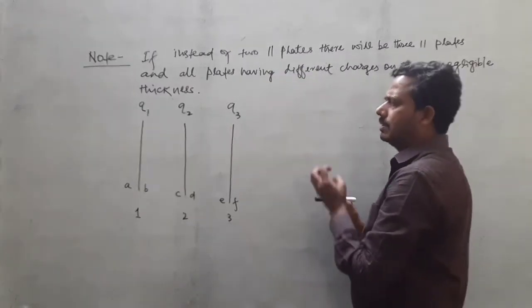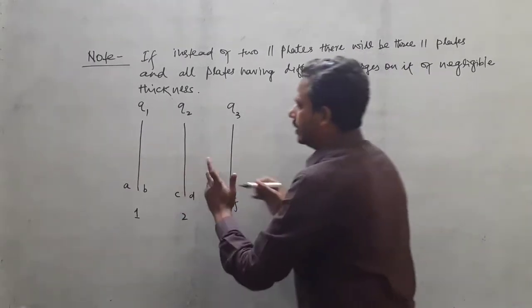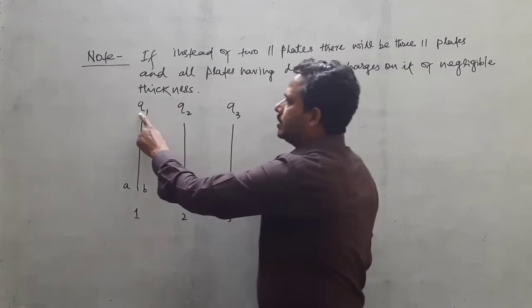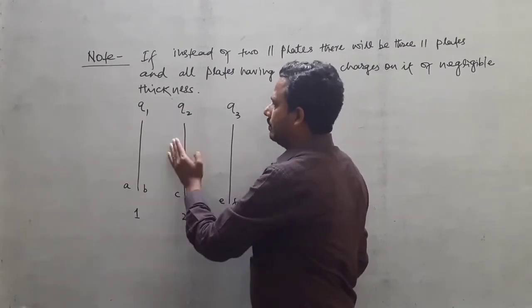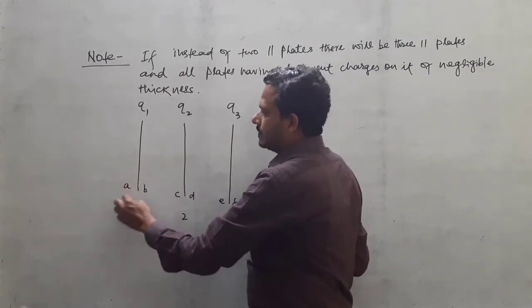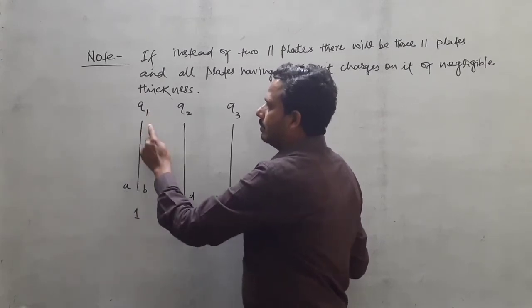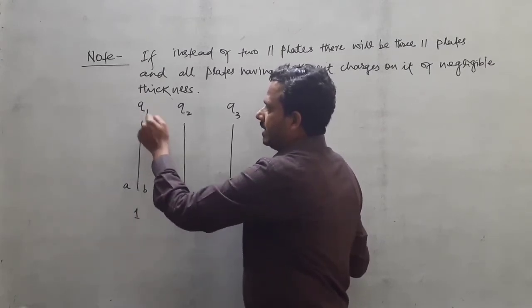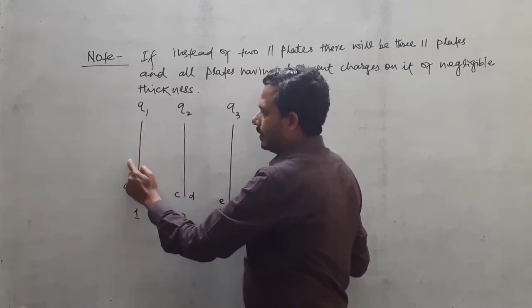How? Very simple concept. If you wanted to find QA, charge Q1 is distributed on both of the faces, as well as Q2 on both of the faces, Q3 on both of the faces. Whenever you consider this face A, your charge will be Q1 by 2, because the same charge is distributed on two faces, but you are considering one face.